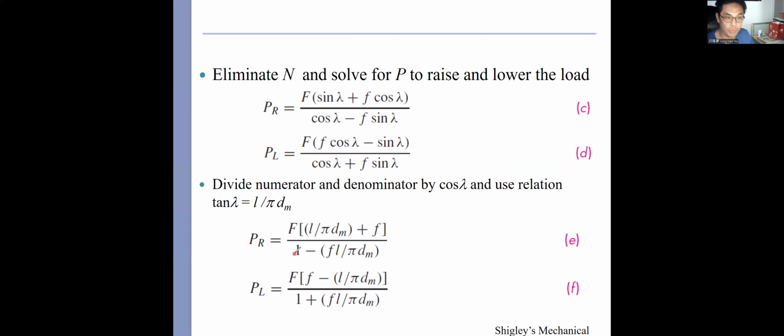If we divide the numerator and denominator by cosine lambda, and using the relation tangent lambda equals L over pi dm, plugging into the above equations we get PR and PL in terms of the force, L, dm and the friction.